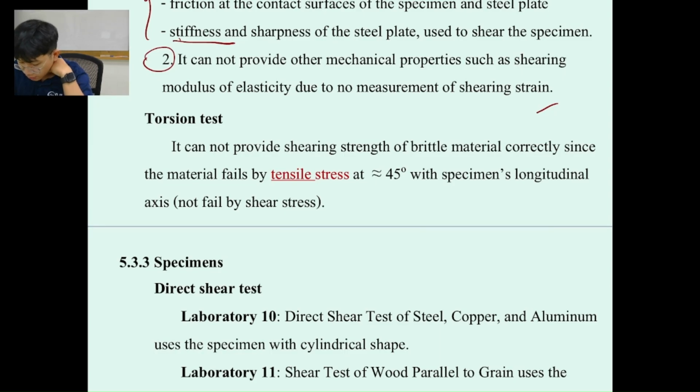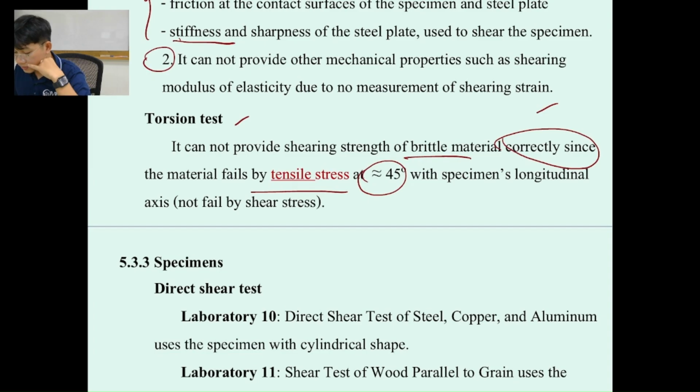And next is the torsion test. The torsion test cannot provide the shear strength of a brittle material correctly, since the material fails by tension at 45 degrees. The specimen is not going to fail by shear; it's going to fail by tensile stress, not shear stress.